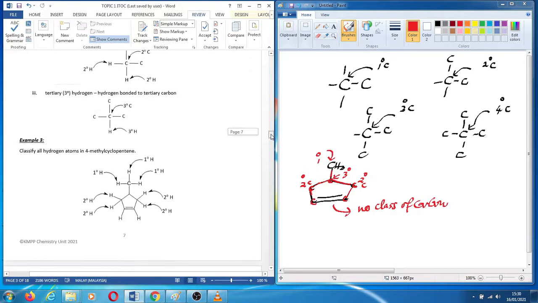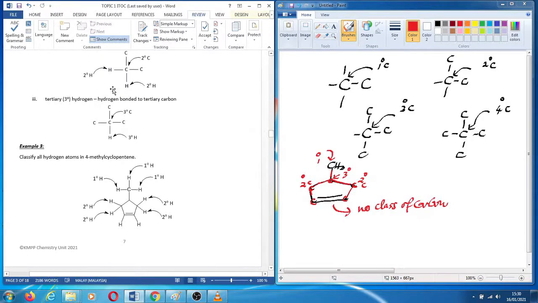And the third one is tertiary hydrogen. This C is attached with 3 other C, meaning this is tertiary carbon, thereby the hydrogen that is bonded directly to this tertiary carbon is tertiary hydrogen.